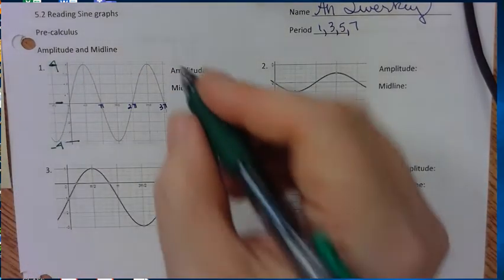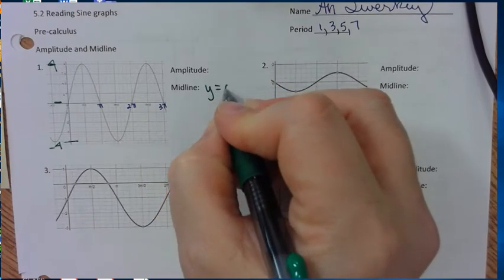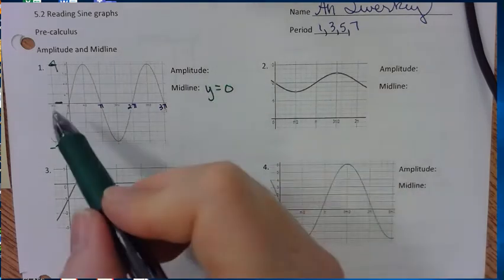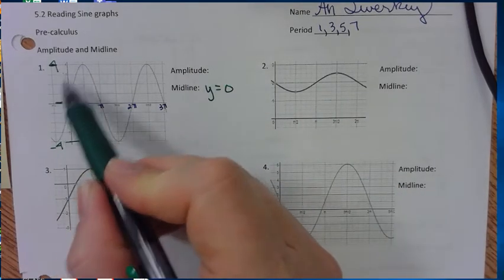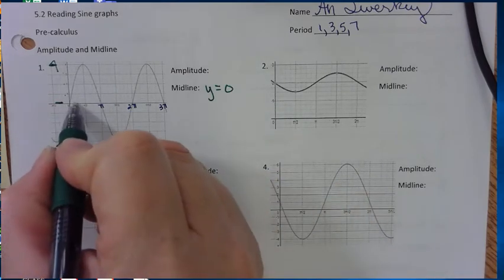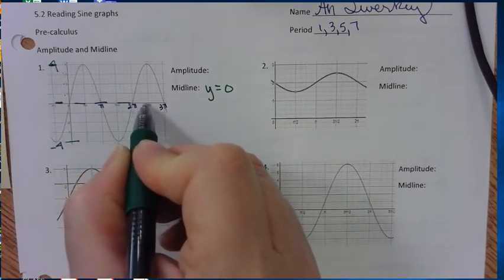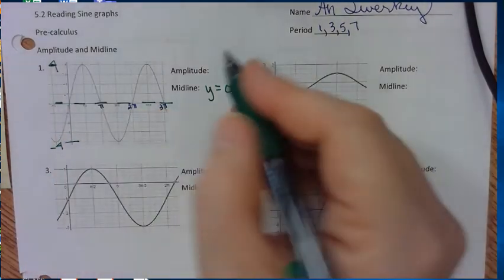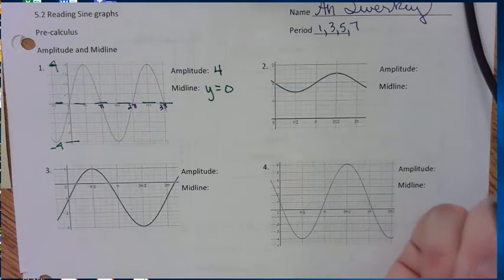So the midline is at 0, that is at y equals 0. I wonder if I shouldn't have put midline first. The amplitude is the distance from the midline to the top or the midline to the bottom. The midline is going through right here, so that is the midline. It's 4 units to the top or to the bottom.